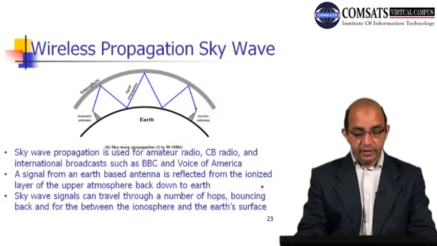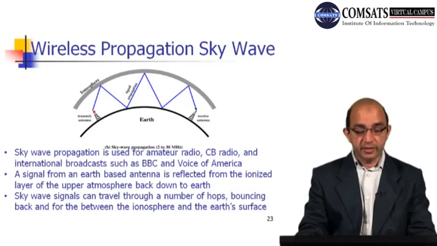So here we have the Skywave, right? So you can see that this is the transmitting antenna, and here we have the receiving antenna, right? And this is the contour of the earth, and this is the ionospheric layer, right? Shown here as a solid line, right? So you can see the mode of propagation of Skywave, right?